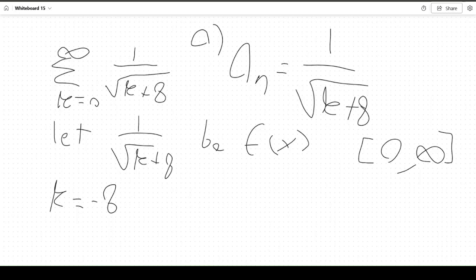Whenever you divide anything by 0, it will lead to an error, so that would be discontinuous. So we have to find if k is in between these two endpoints, and we see that it is not, so therefore this is continuous.